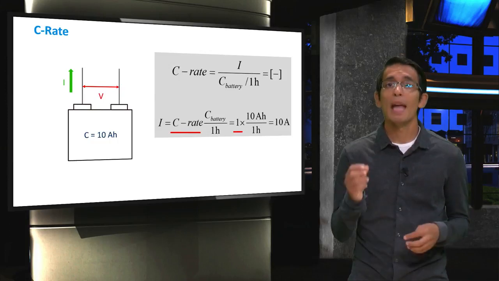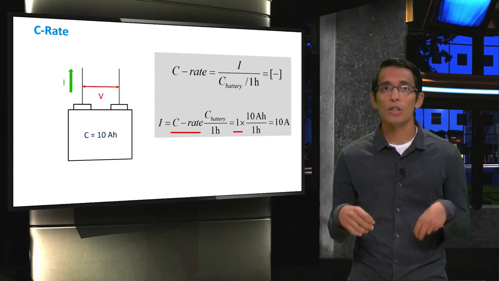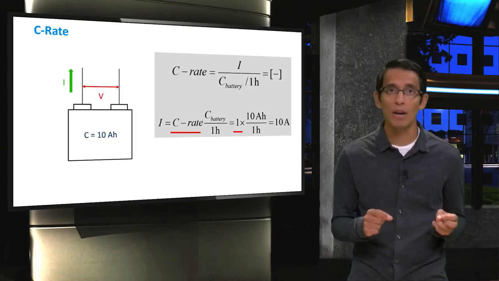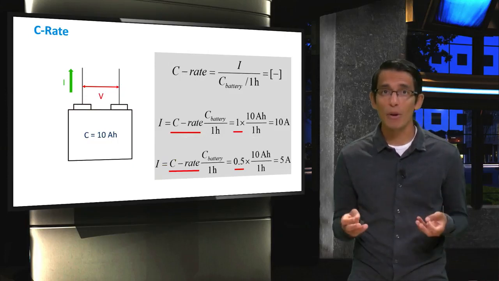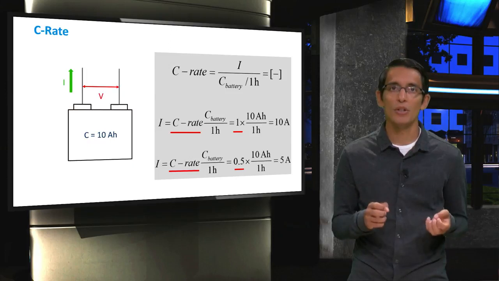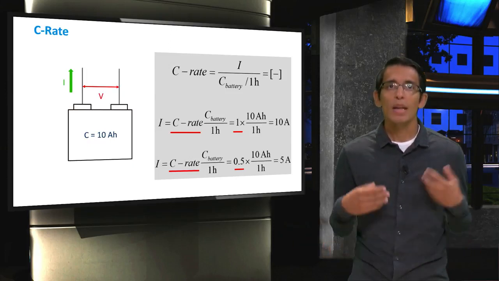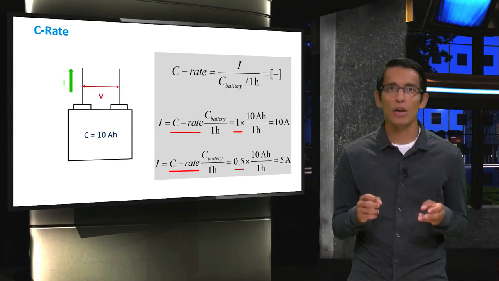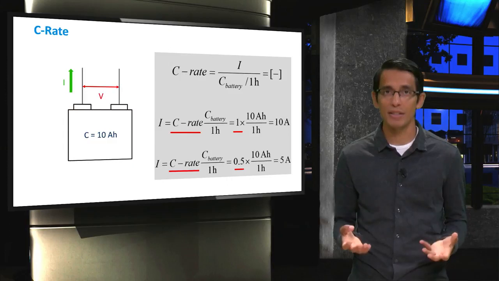For example, a C rate of 1 for a 10 amp hour battery corresponds to a discharge current of 10 amps over 1 hour, and a C rate of 0.5 for the same battery would correspond to a discharge current of 5 amps over 2 hours. In general, it can be said that a C rate of N corresponds to the battery fully discharged in 1 over N hours, irrespective of the battery capacity.